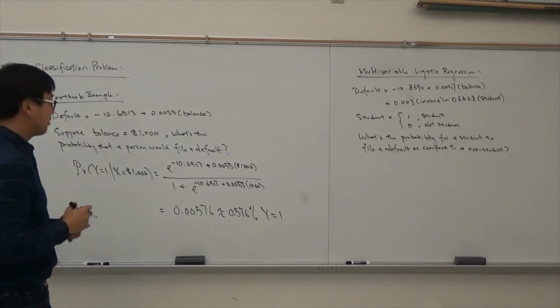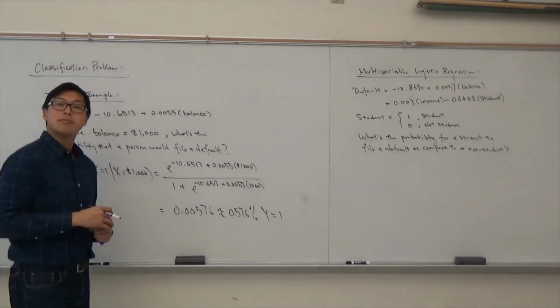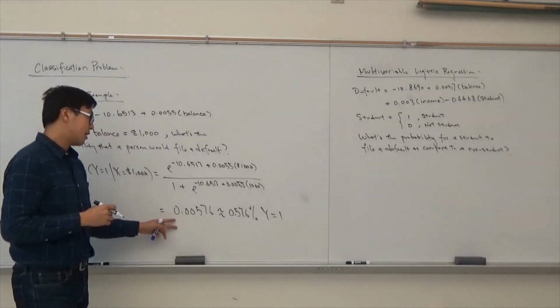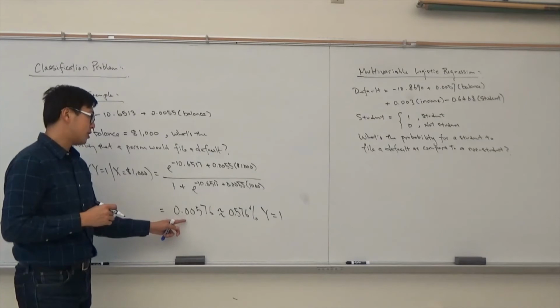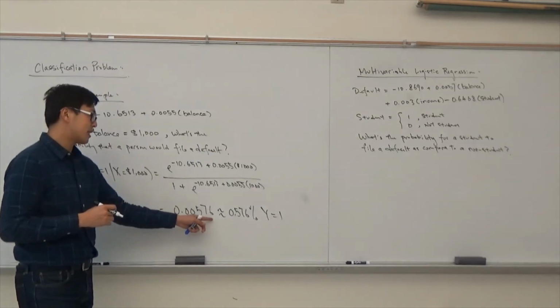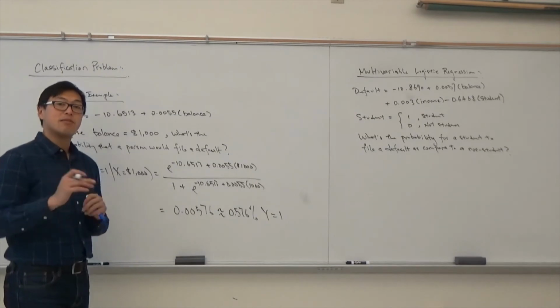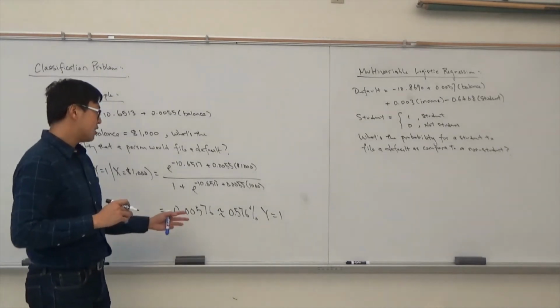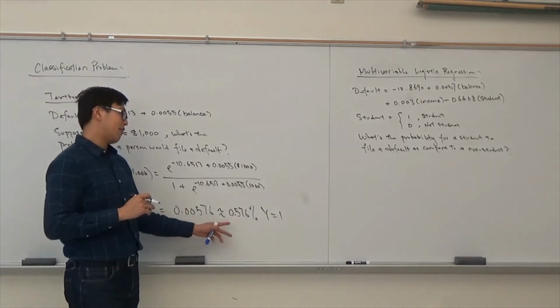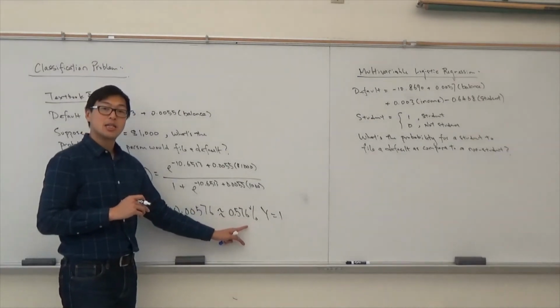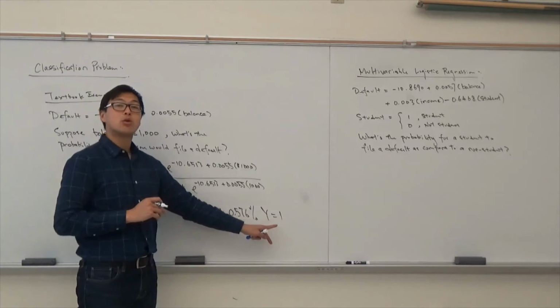All right, so did you actually get the answer? Let's take a look. We have the answer reported here: 0.00576, which the interpretation is now a lot easier for you to understand. This number basically says that we have a 0.576% chance that y equals 1.